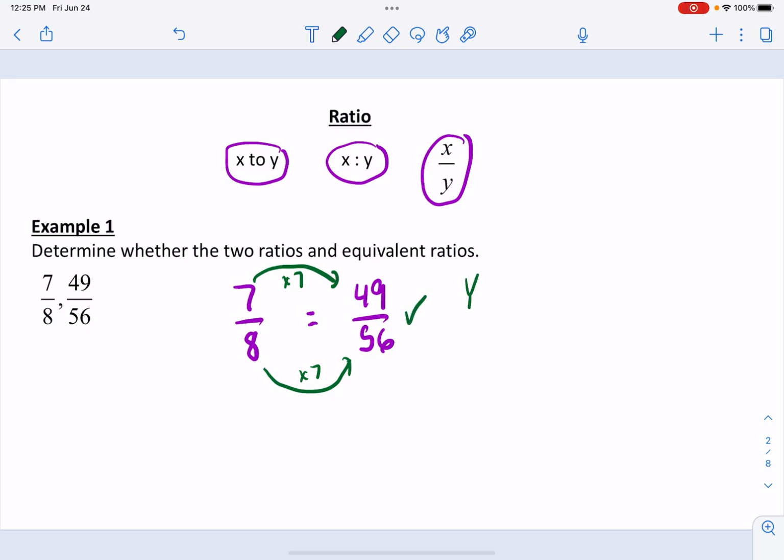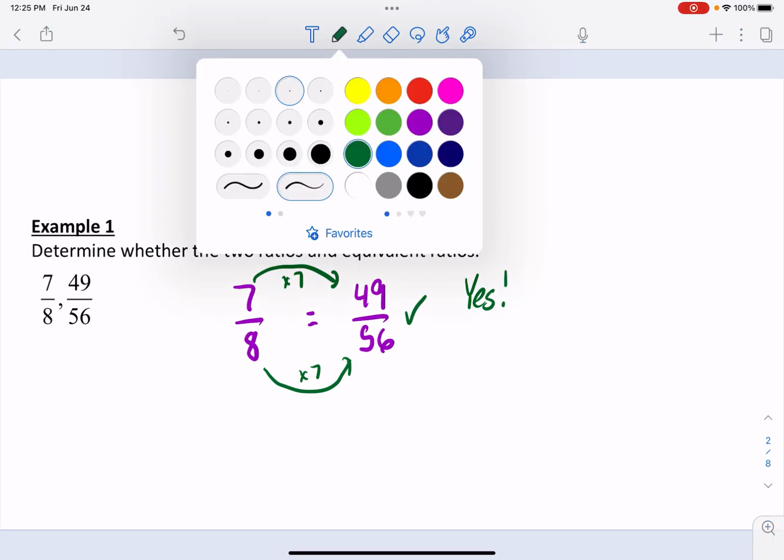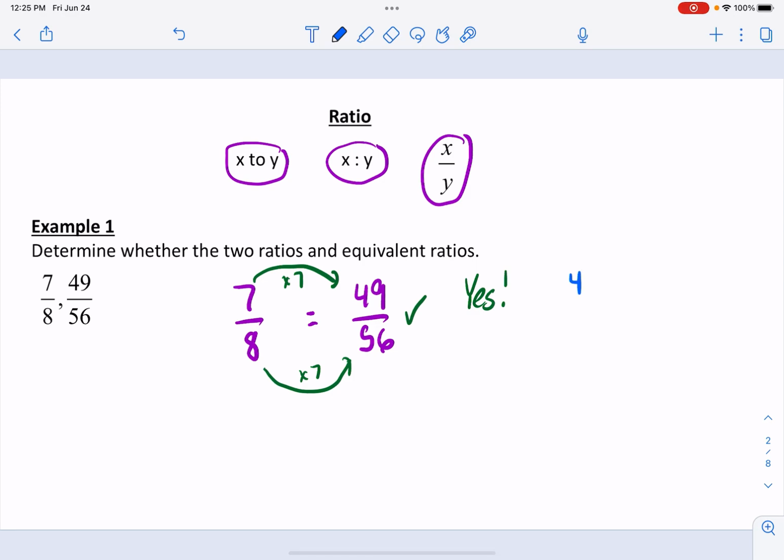And I do, so yes, those are equivalent ratios. Another way you could approach the problem is to reduce 49 over 56. Well, 7 goes into both of those. So there are two different ways to approach the problem.